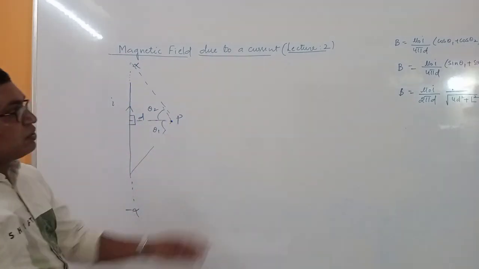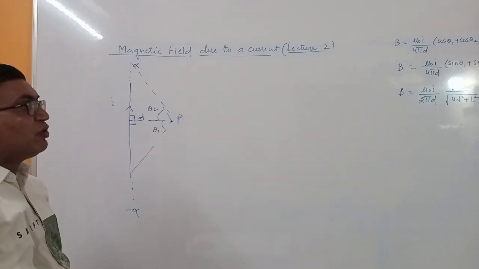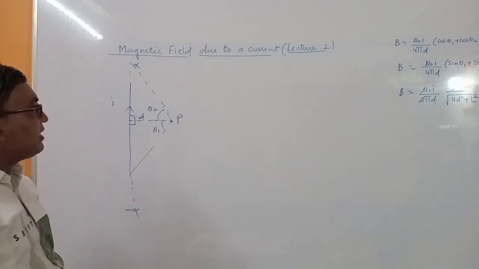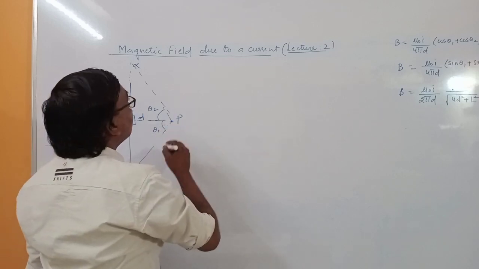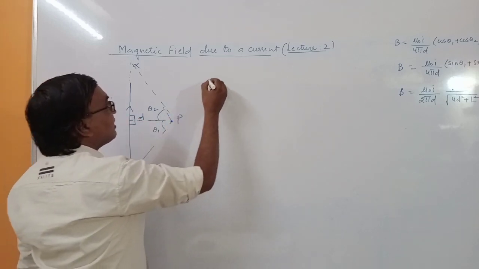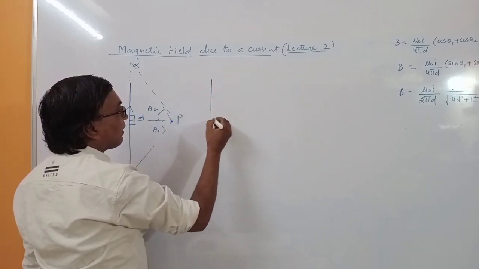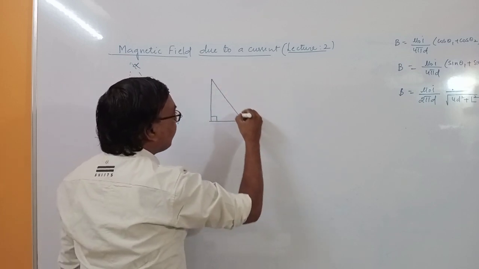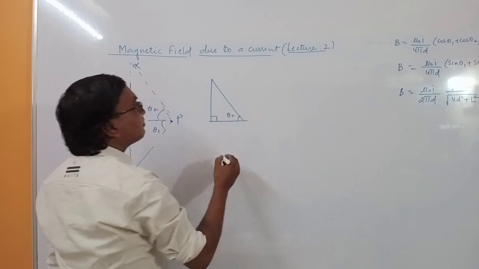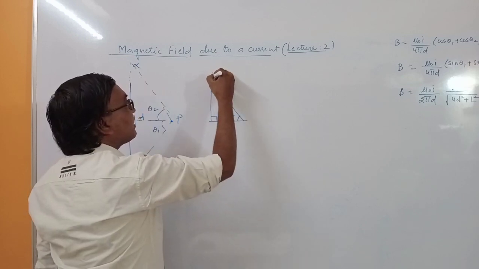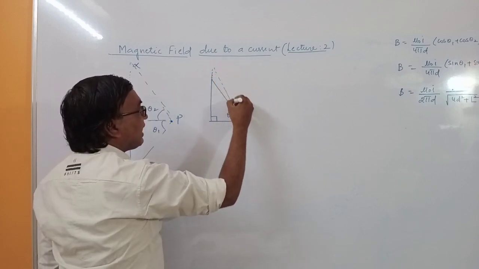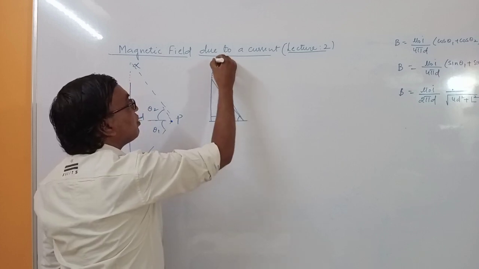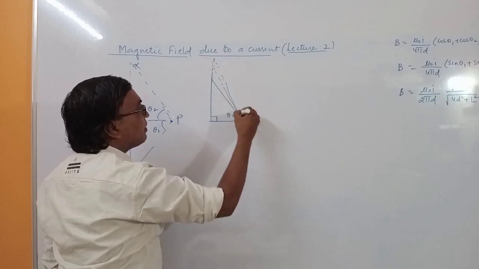Okay. So we'll apply the formula mu naught I by 4 pi d sin theta 1 plus sin theta 2. So now here if you see this wire, this is perpendicular, तो यहाँ पे एंगल है थीटा 2, इसको हम एक्सटेंड करेंगे तो ये एंगल बढ़ते जाएगा, इसको और एक्सटेंड करेंगे और बढ़ेगा.